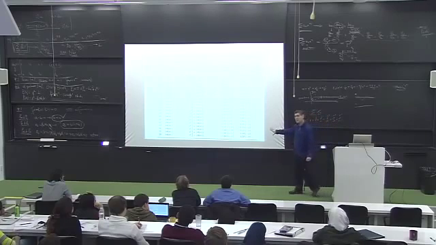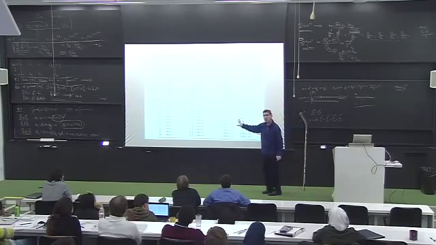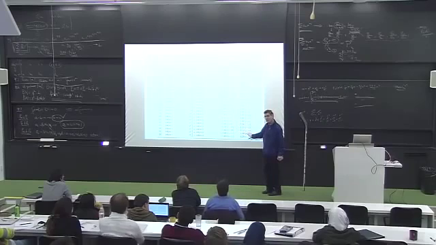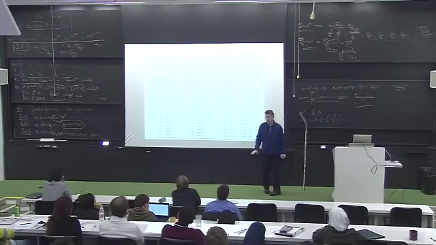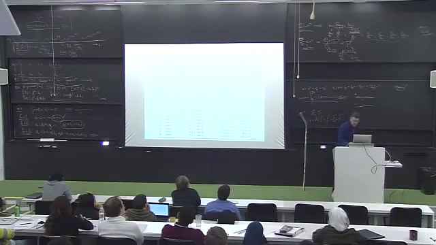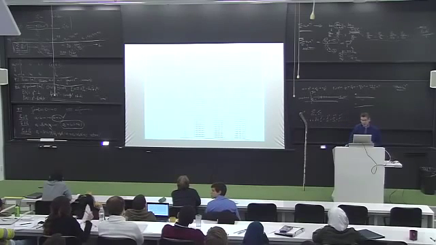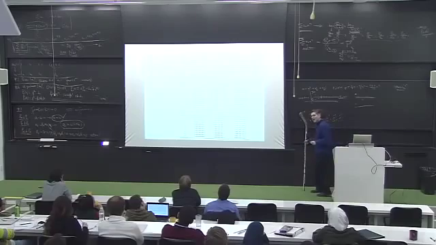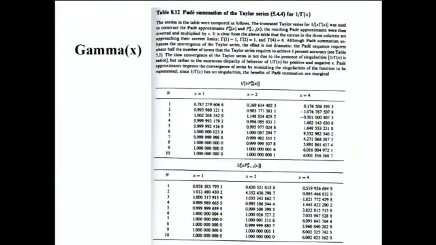But remember, in this problem, we began with a series that already converged, and we used Padé on it. Here's another series, and this is an example of magic, because nobody knows why it works. But if you take the Taylor series of the gamma function.